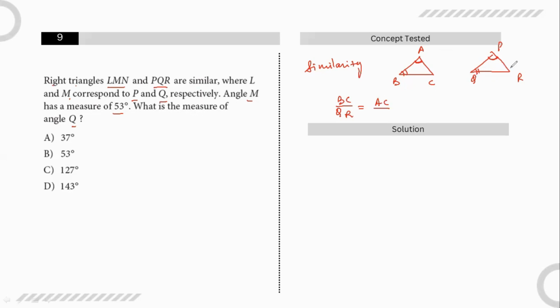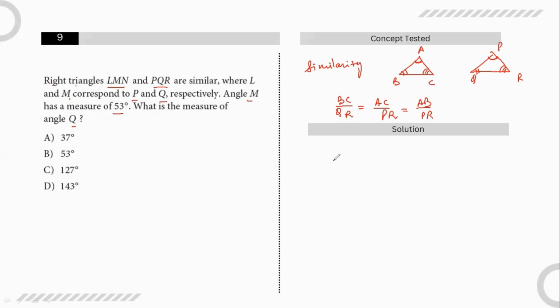Angle Q opposite is PR. And the last angle, angle C, is equal to angle R. So angle C's opposite side is AB, and angle R's opposite side is PQ. So these are the corresponding side ratios, and they are going to be equal. That's the concept which is tested here.